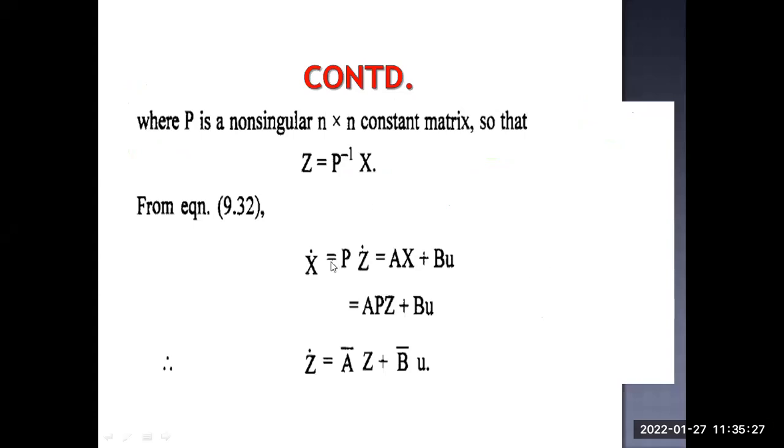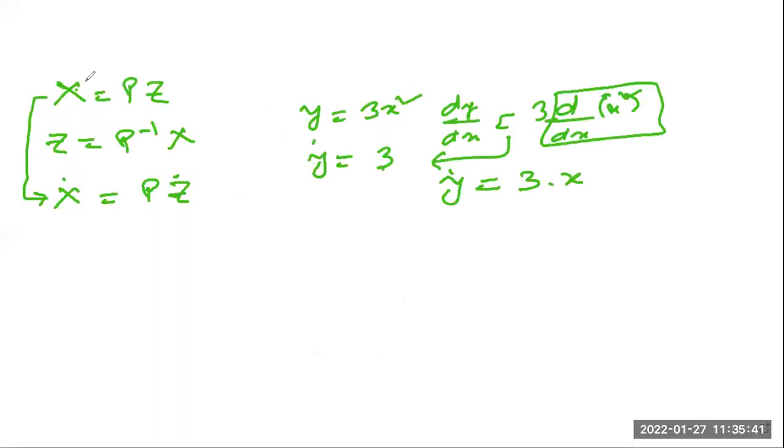Okay, so we have come to this point, x dot equal to P into z dot. Now we'll substitute ax plus bu. Any state variable we normally represent with the help of ax plus bu.